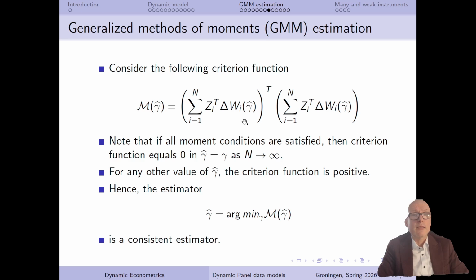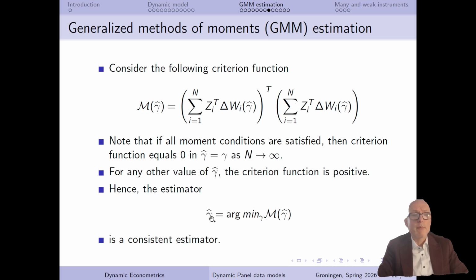Still, even in the case that n goes to infinity, if we choose another value for gamma hat, not equal to the real value of gamma, then the criterion function is going to be positive, because an inner product is always equal to 0 or positive, of course. It is 0 in the case that all these moment restrictions are equal to 0, and that is only possible at the moment that gamma hat is equal to gamma, and in all other cases this thing is going to be positive. So therefore what we're going to do now is minimize this criterion function.